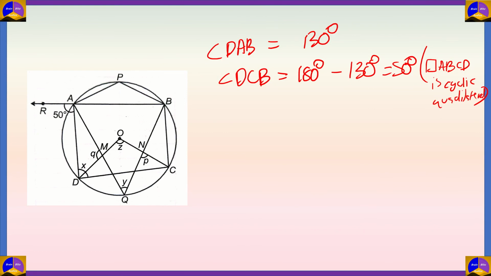Now this angle DCB can also be divided into OCD and BCO or BCN. So DCB is equal to angle OCD plus angle BCN.